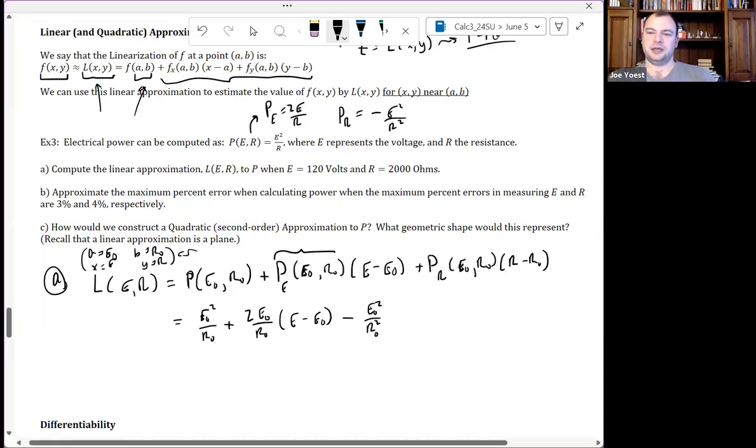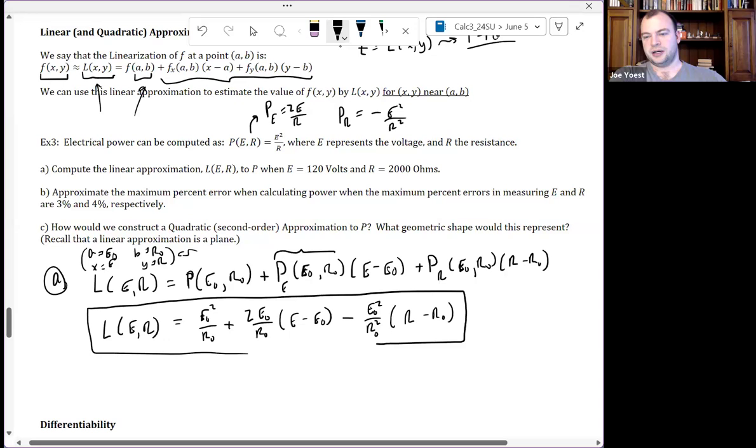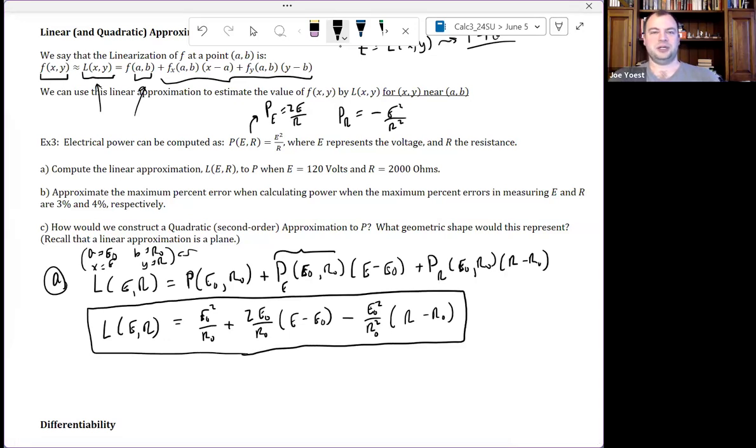So minus E naught squared over R naught squared, times R minus R naught. That is L of E comma R, my linear approximation. E and R are the variables that can change, that I can put in a value other than E naught and R naught, other than say 120 and 2000.